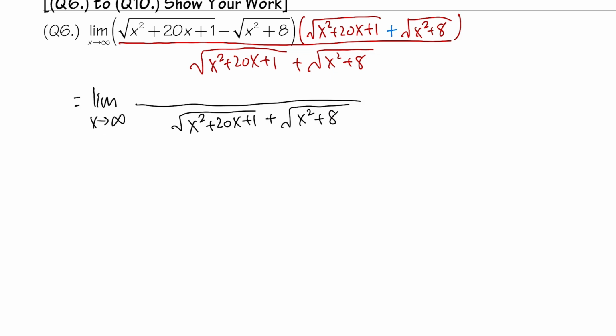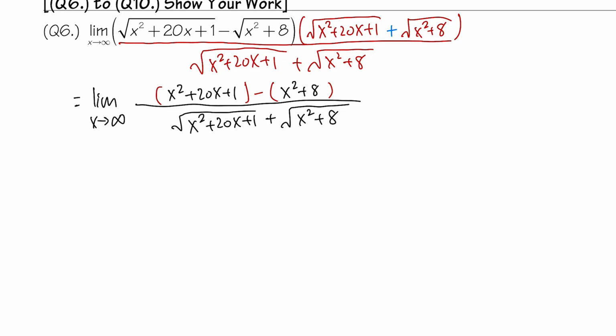For the top, to multiply this out, all we have to do is square the first thing. So we just get what's inside because square root and square will cancel. So just x squared plus 20x plus 1. And then we minus the square of the second. So that's just going to be x squared plus 8.